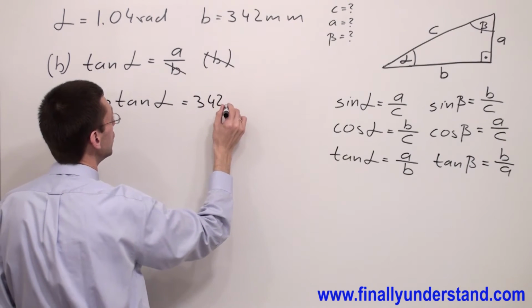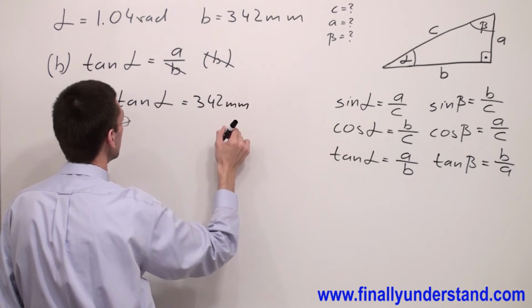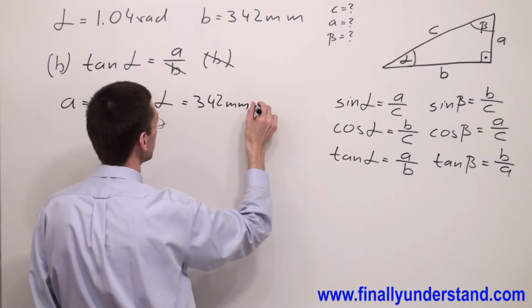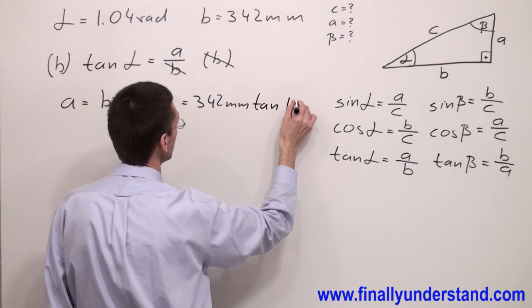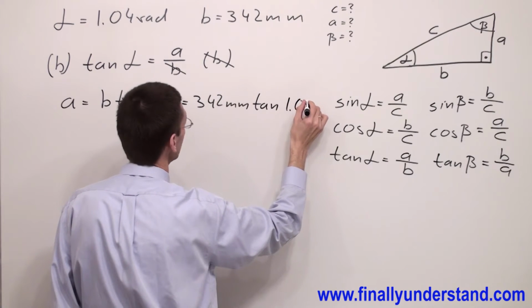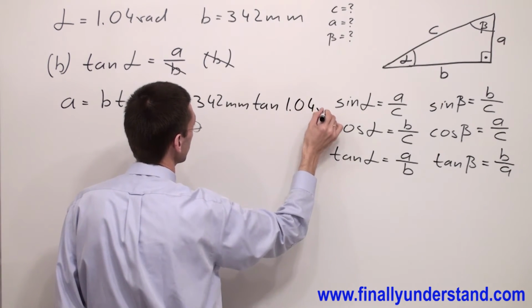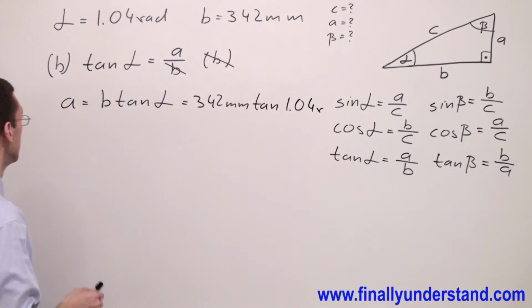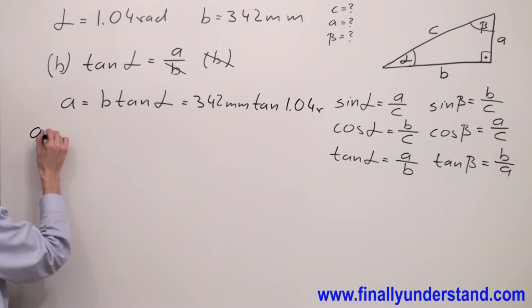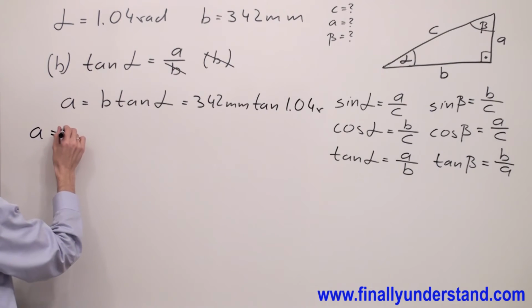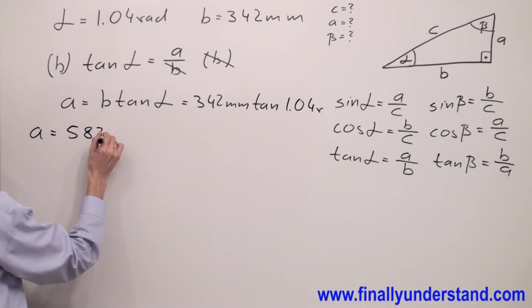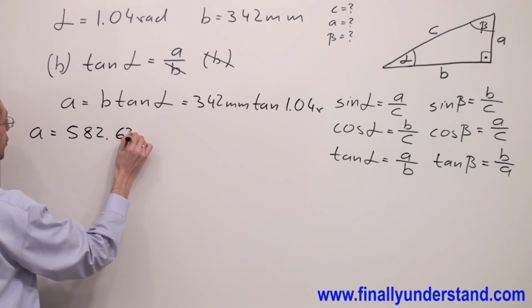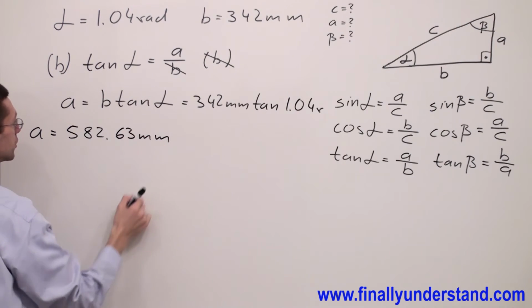342 millimeters times tangent of 1.04 radians. So A is equal 582.63 millimeters.